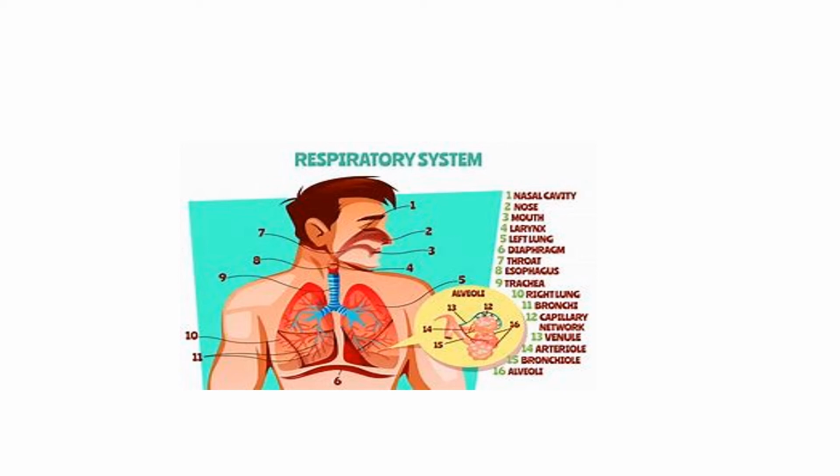When we breathe in, the internal intercostal muscle contracts, the diaphragm flattens, the volume of the thorax increases and air is drawn in. When we breathe out, the external intercostal muscle contracts and the diaphragm returns to its dome shape. The volume of the thorax decreases and air is pushed out.